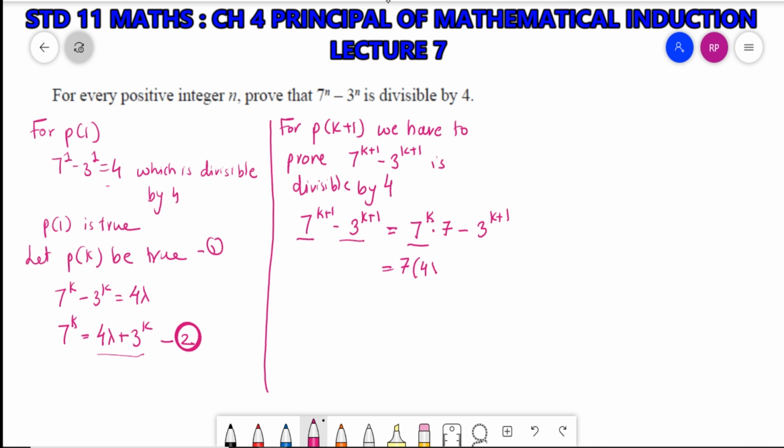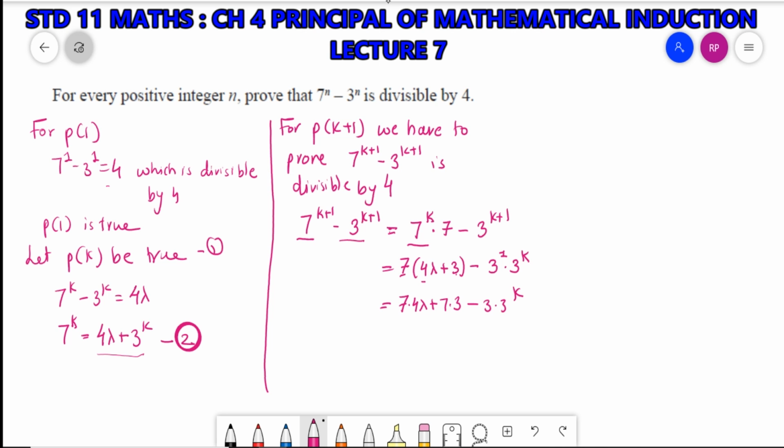7 into 4 lambda plus 3 raised to k minus, instead of 3 raised to k plus 1, I can write 3 raised to 1 into 3 raised to k. Yeah, so this will be 7 into 4 lambda plus 7 into 3 raised to k minus 3 into 3 raised to k.